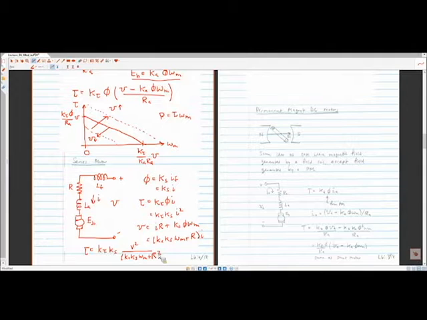Okay, so a little bit more complicated relationship mathematically. It's an easier system to analyze in terms of just looking at the elements because it's all in series, but mathematically it becomes a little bit more difficult to look at.